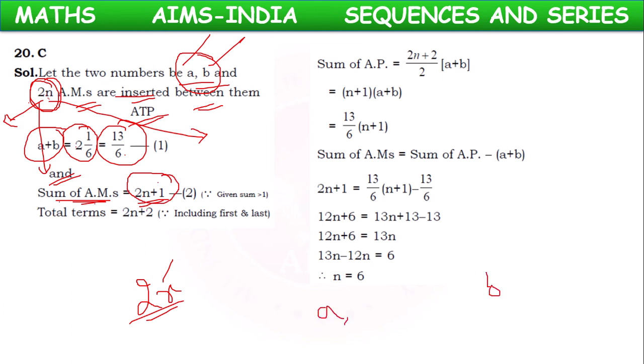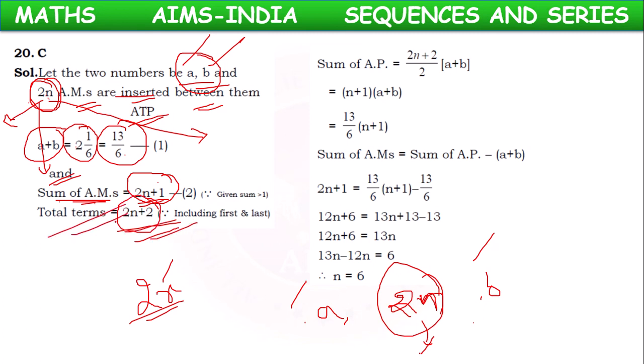Between A and B, we are taking 2n arithmetic means. So the total number of terms will be 2n in the middle, A here, B here, that is 2n plus 2, the total number of terms including first and last terms.